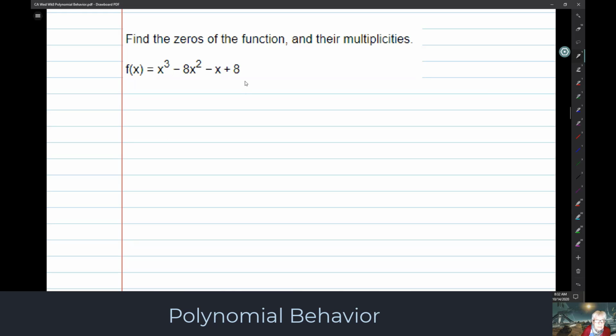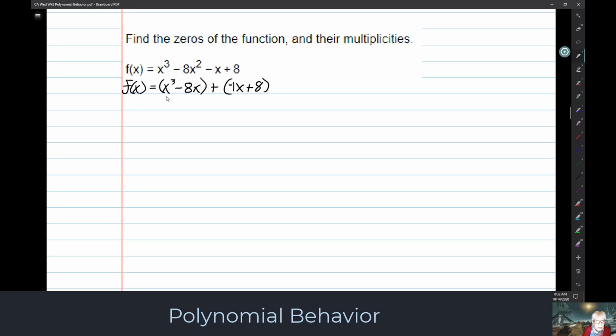All right, I am going to factor by grouping. So f of x equals x to the third minus 8x squared plus, parentheses, negative x plus 8, which means the number in front of the x is -1.